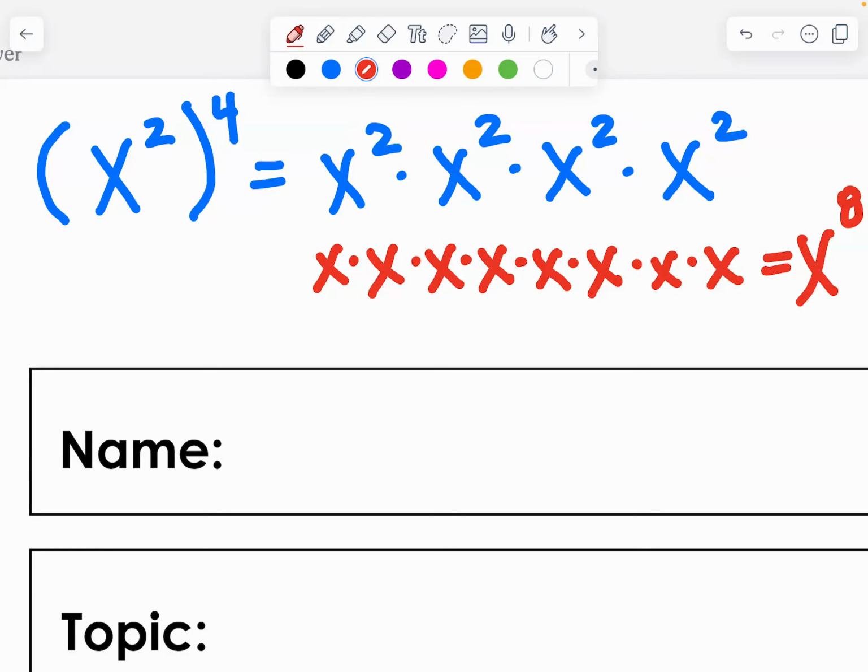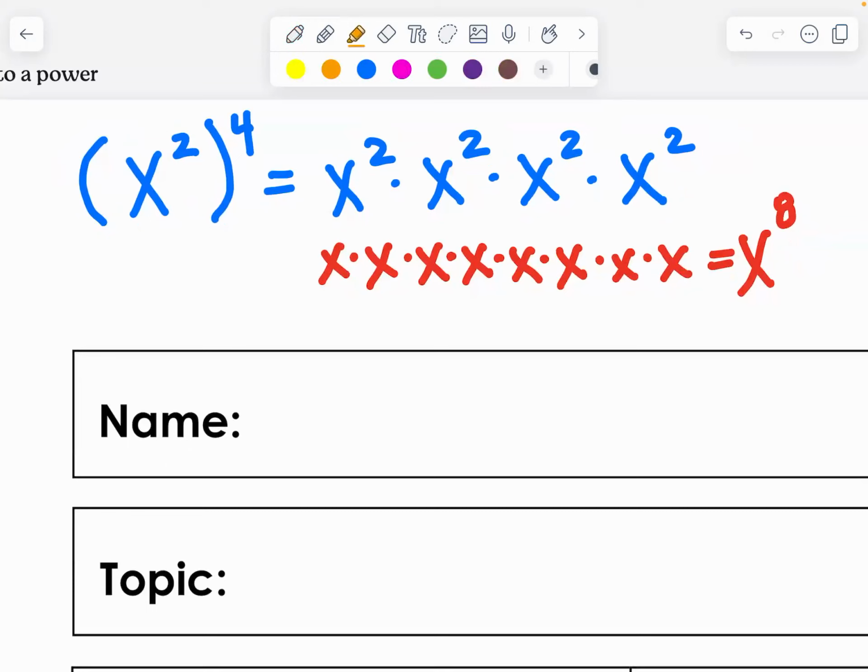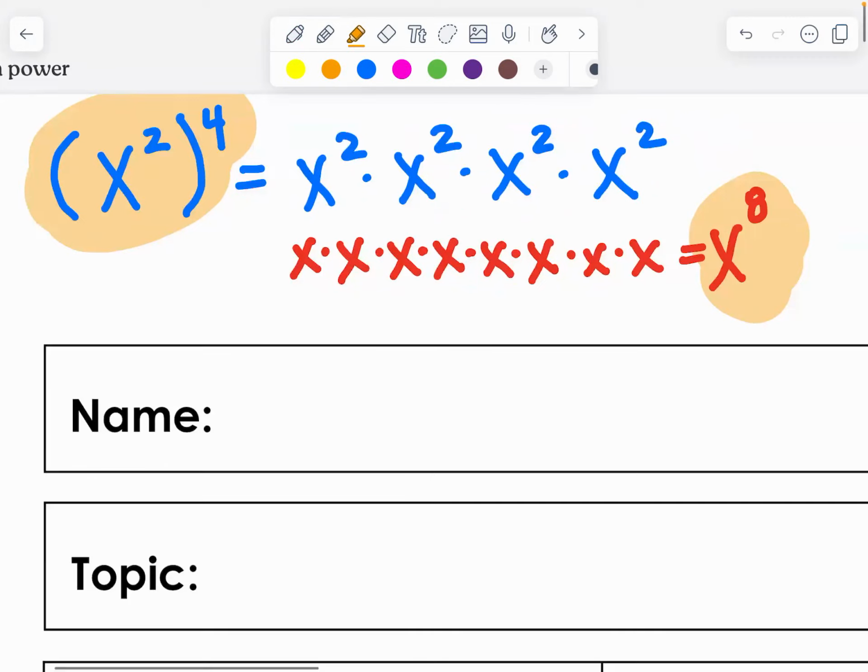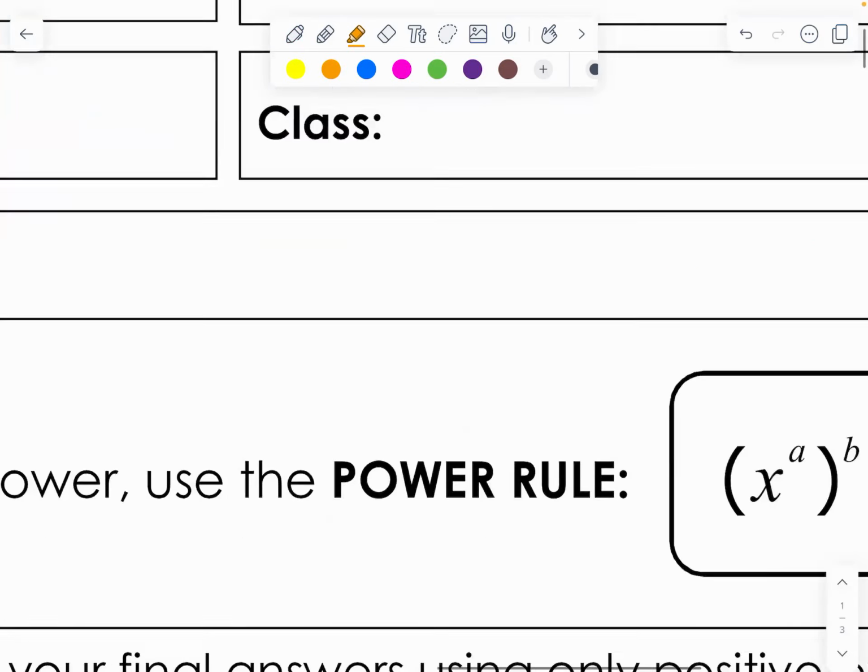Okay, now I want to be able to go from here to our answer without having to draw a picture. Well, not multiply the exponent by 2, but look at our exponents. What's 2 times 4? Yes. Okay, so I want you to go right here on page 11.